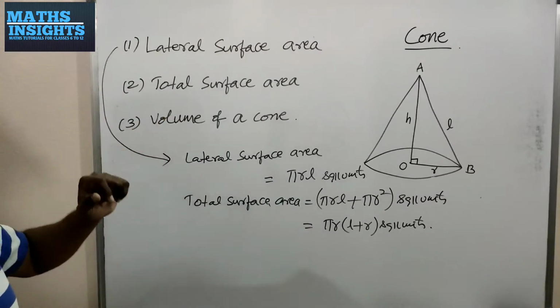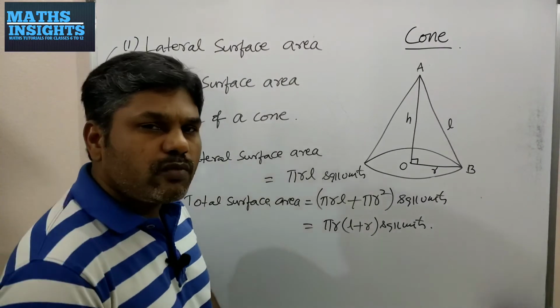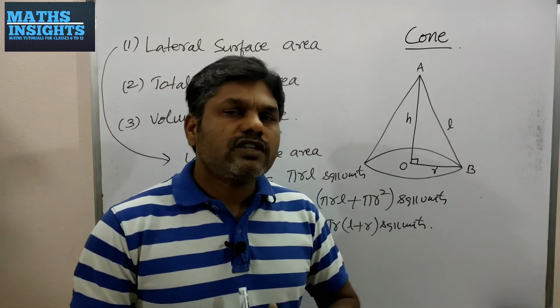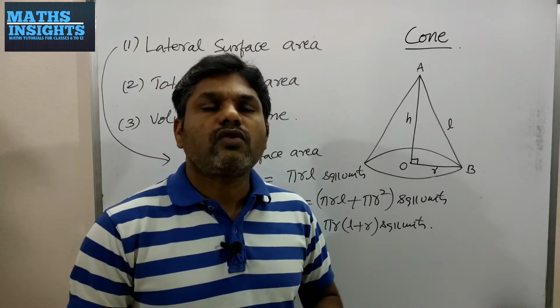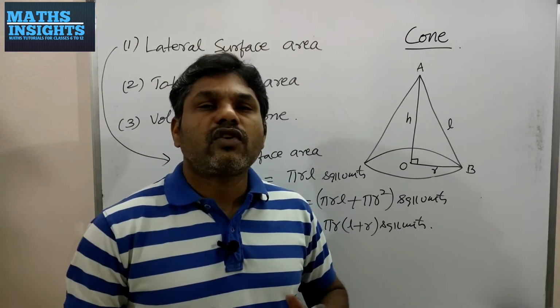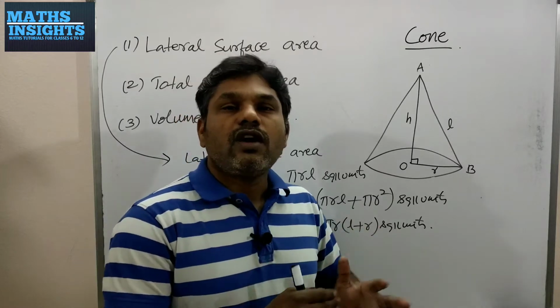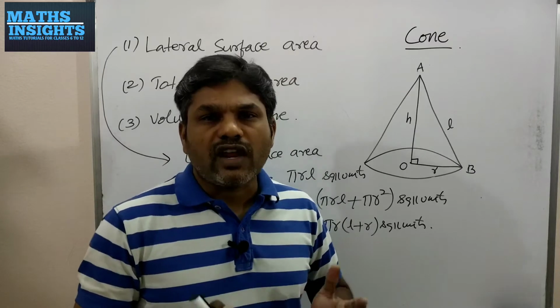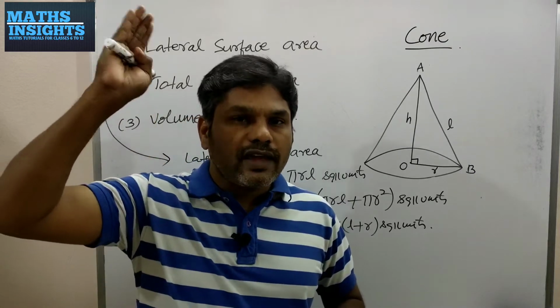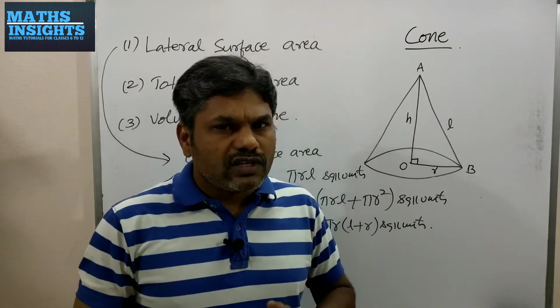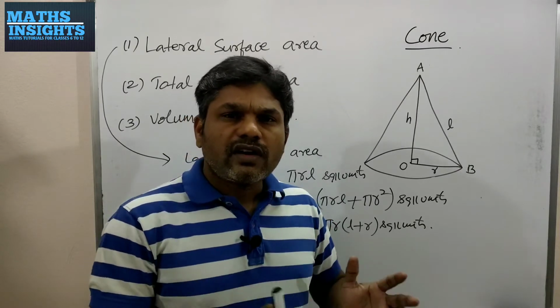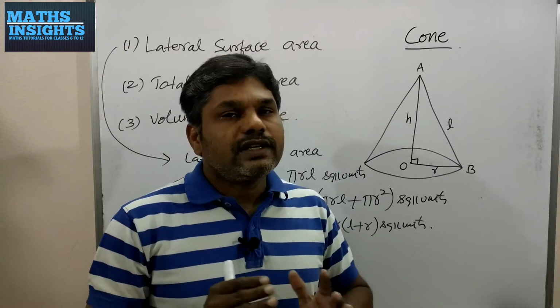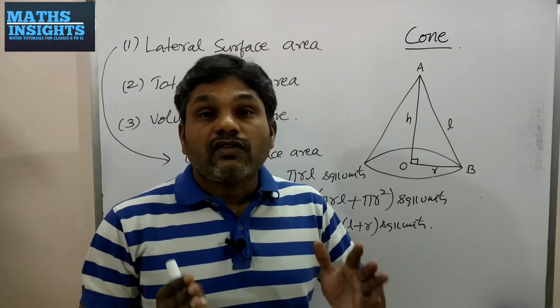Coming to the third one, volume of a cone. It's very important. So you know what is meant by volume. You have different activities in our daily life which are related to volume. Milkman will come and he will pour 1 liter, that is volume. You have an overhead tank, water tank in your house, that will fill approximately 500 liters, 1000 liters, that is also volume of the tank.